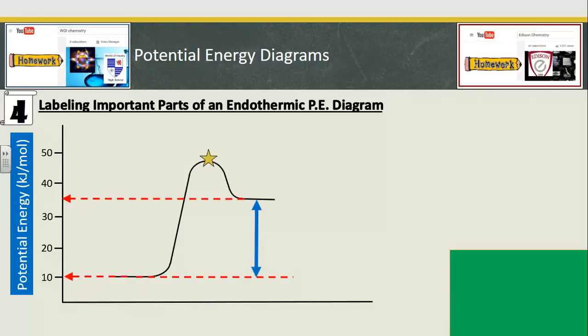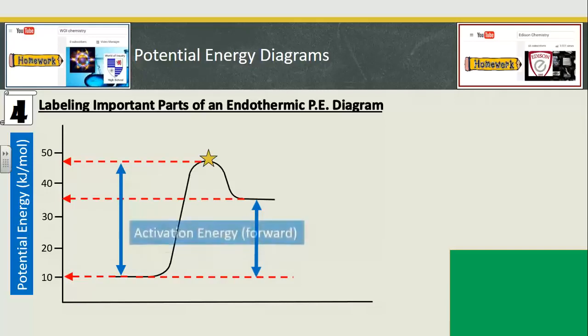That star at the top is the activated complex. And that is how much energy it takes to activate the complex. When you calculate the difference between the peak and the heat of the reactants, that's how much energy you got to put in just to get this thing to start going.